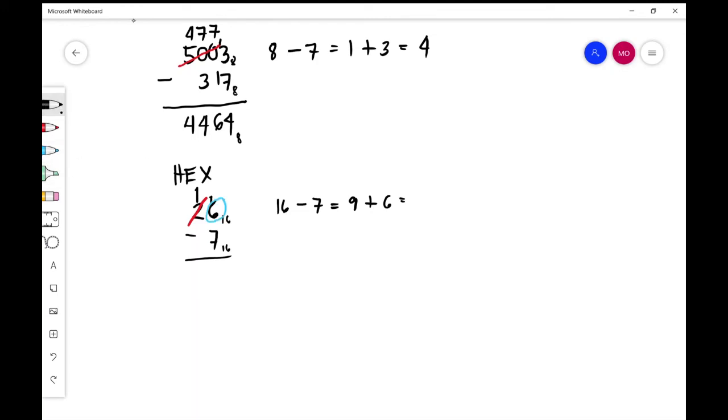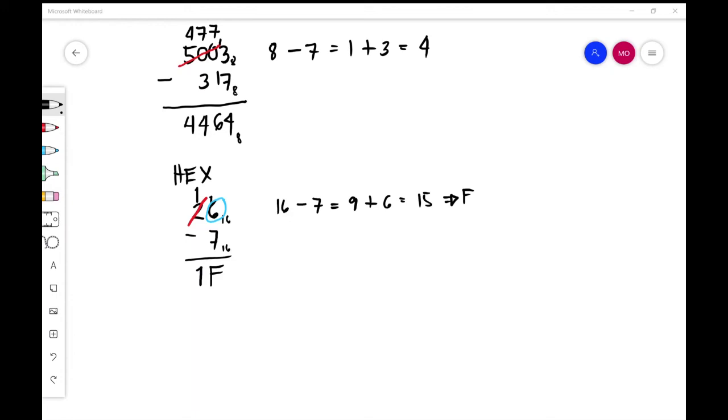The answer is 15, which is actually F in decimal. So 16 hexadecimal minus 7 hexadecimal is equal to F. Okay, finally, 1 minus nothing is equal to 1. That's how you subtract in hexadecimal.